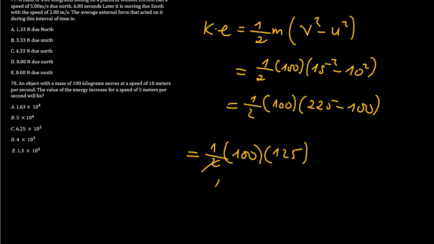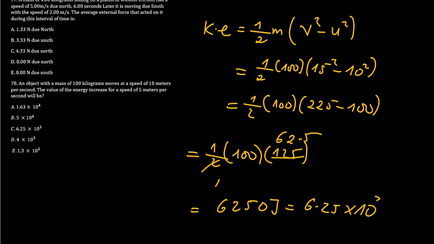So this goes here one time, and here we are going to have 62.5 times, and so this is going to be equal to, multiplied by 100 will give you 6250 joules. So 6250 joules is also, in standard form, 6.25 times 10 raised to the power 3 joules. So the correct option is option C.